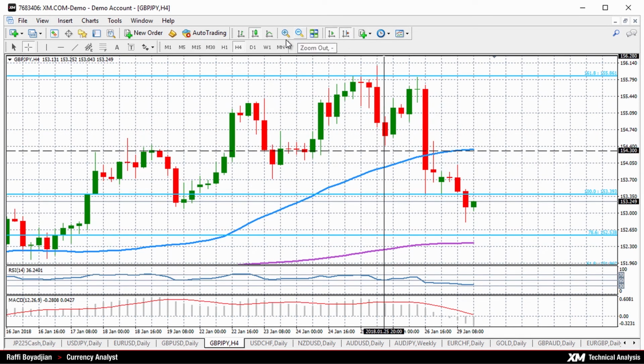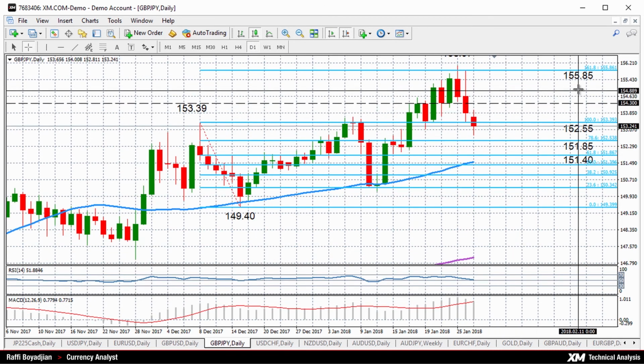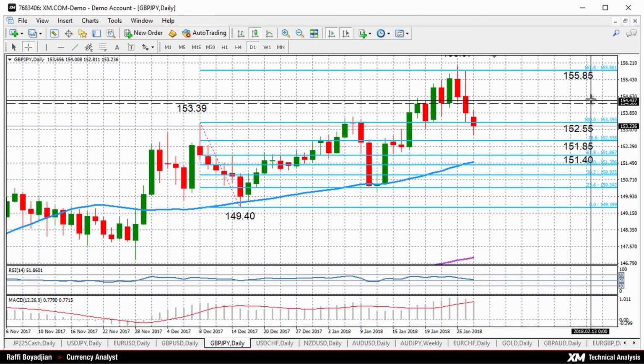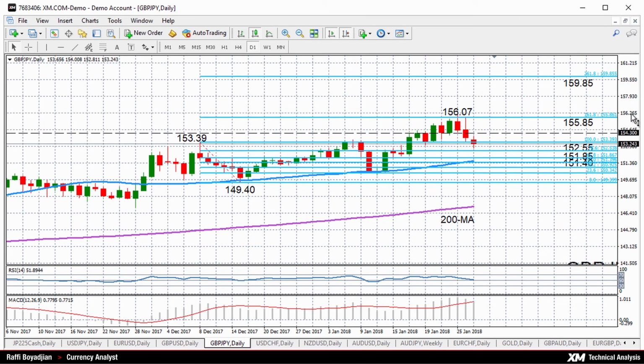A successful break above that level could then take prices back towards the 161.8% Fibonacci extension at 155.85, and then not too far above that we have the 1.5 year high 156.07 from last week, and then the next target above that we have the 261.8% Fibonacci just below the key 160 level at 159.85.